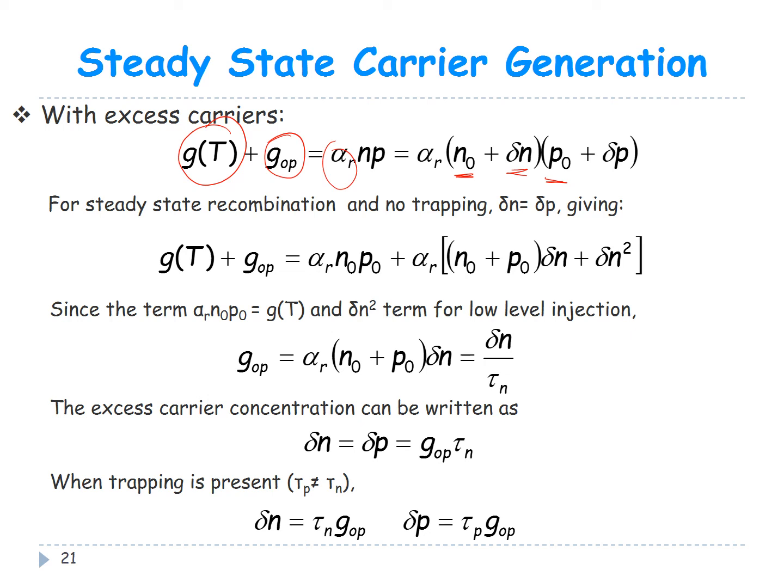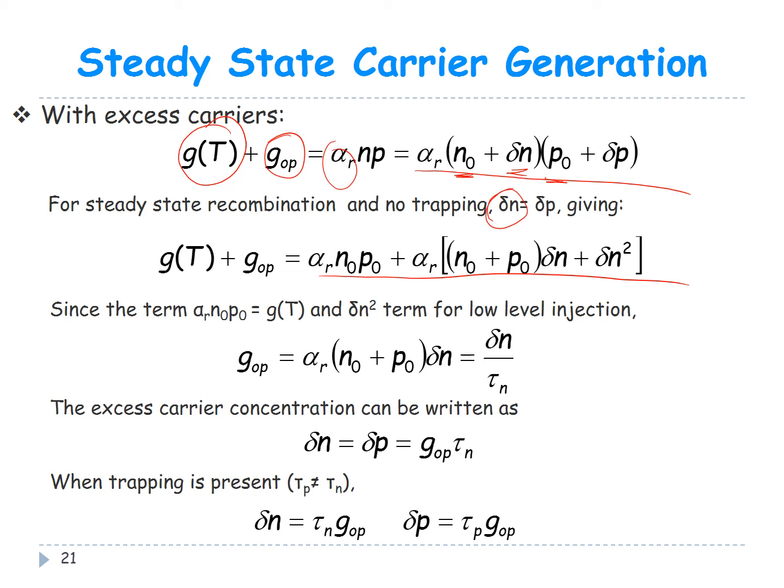Now, remember that for steady state and no trapping, the excess carrier concentrations are equal. They decay at the same rate as I explained before. So now if you remove the brackets and expand this expression, you get to that point.